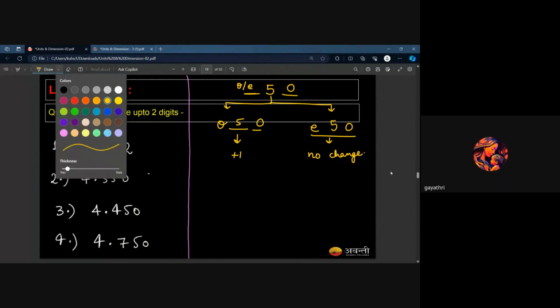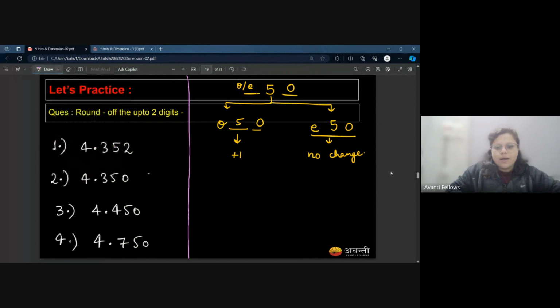Yes, ma'am. For example, I have 2.750. Now, after 5, you have 0. So you need to check the value before 5. In this situation, I have an odd number. So whenever I answer about this approximation or rounding off, I will give 2.8.